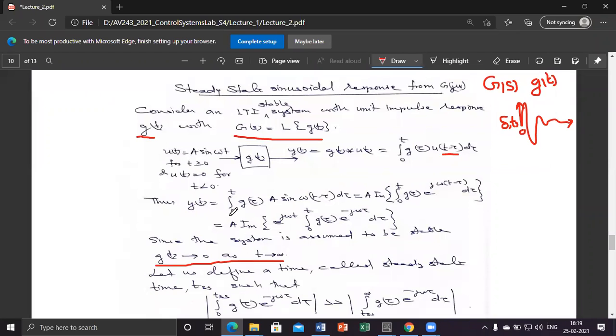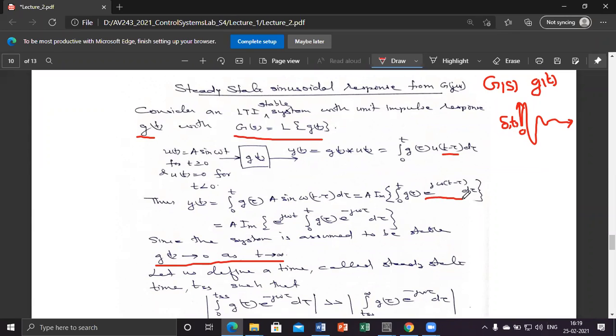Thus y(t) is equal to integral 0 to t g(tau) A sin omega (t minus tau) d tau. I am substituting for u(t). u(t) is equal to A sin omega t. So u(t minus tau) is nothing but A sin omega (t minus tau), which can be represented in a more analytically tractable form using the exponential notation.